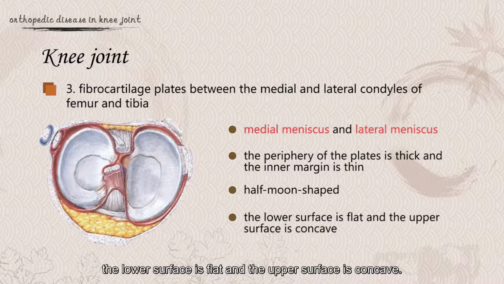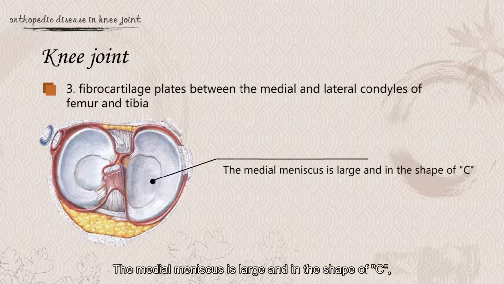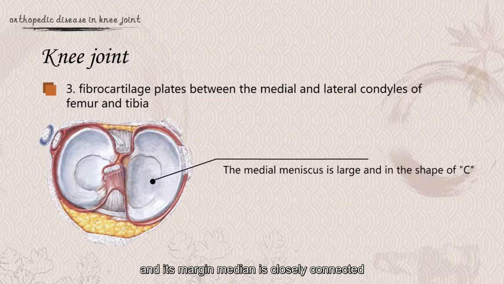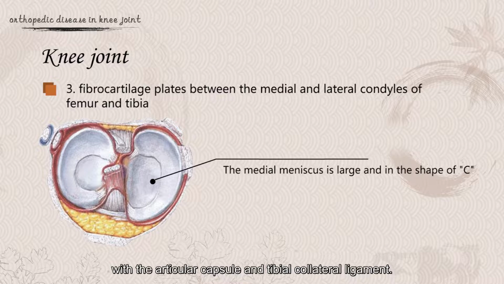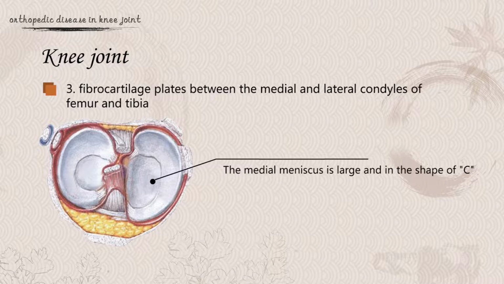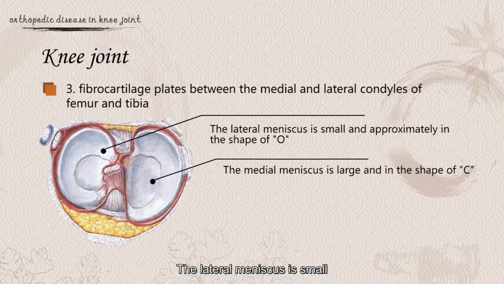The lower surface is flat and upper surface is concave. The medial meniscus is large and in the shape of C, and its median margin is closely connected with the articular capsule and tibial collateral ligament. The lateral meniscus is small and approximately in the shape of O.